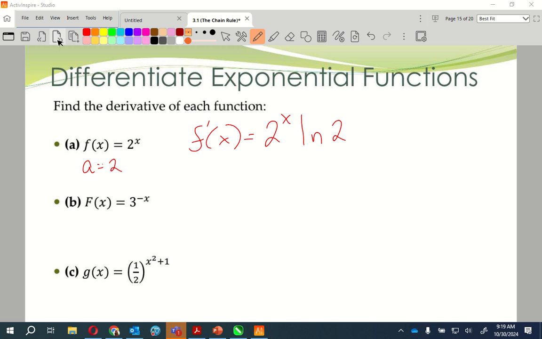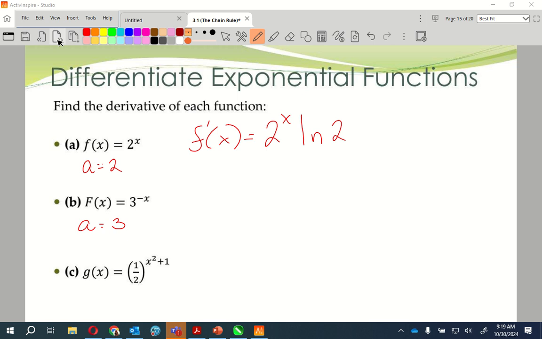Now, what is my a? It's 3. So I'm going to say a is equal to 3, but let's take a look very carefully.